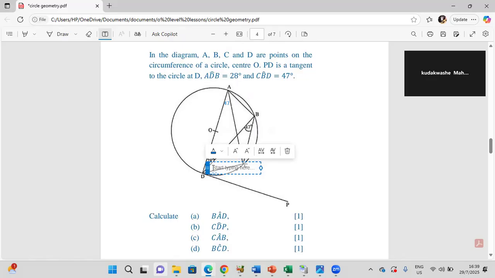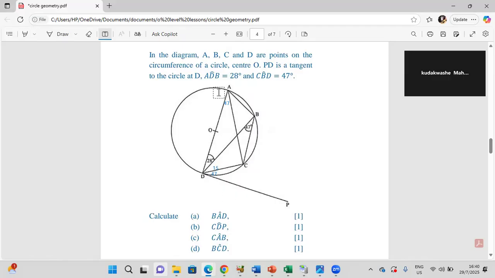So let's work out this angle. We are simply saying the 90 minus the 28 minus the 47. So it means this angle here is something like 15 degrees. Because if we add the angle from here, 28 plus 15 plus 47, that should give you 90.